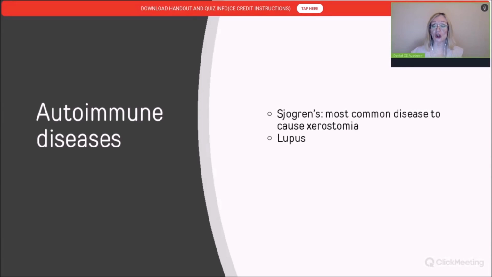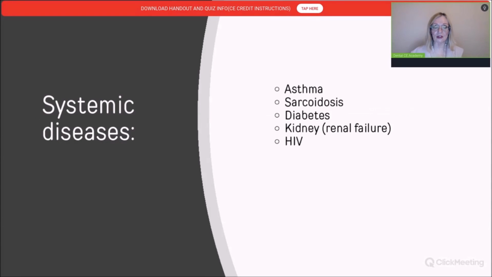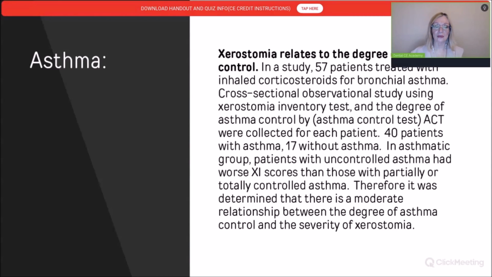Autoimmune diseases: Sjogren's, probably the most common autoimmune disease. Lupus is another. Systemic diseases: asthma, sarcoidosis, diabetes, kidney or renal failure, HIV. This was a study, not a large one, of 57 patients that were treated with inhaled corticosteroids for bronchial asthma.